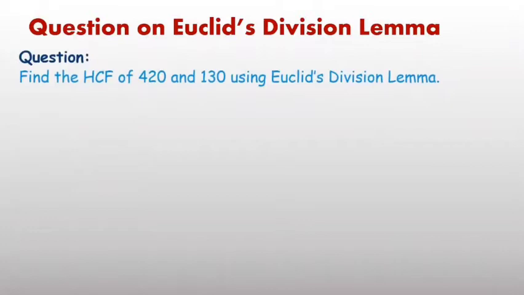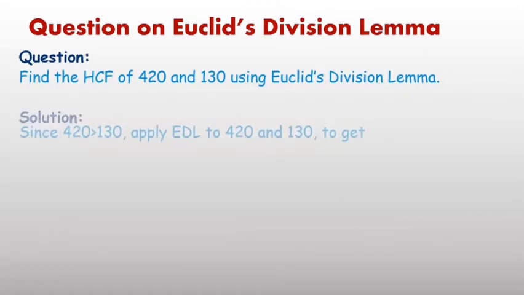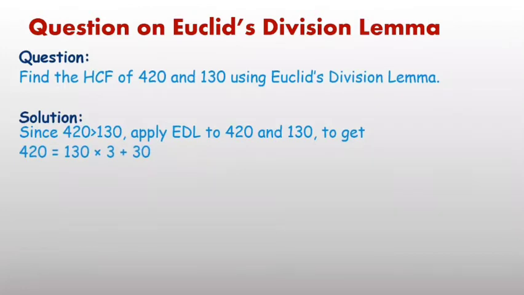For example, two numbers given: 420 and 130. We want to find the HCF using Euclid's division lemma. Since 420 is greater than 130, consider a as 420 and b as 130 and apply Euclid's division lemma. 420 equal to 130 into 3 plus 30, means whenever you divide 420 by 130, quotient is 3 and remainder 30.